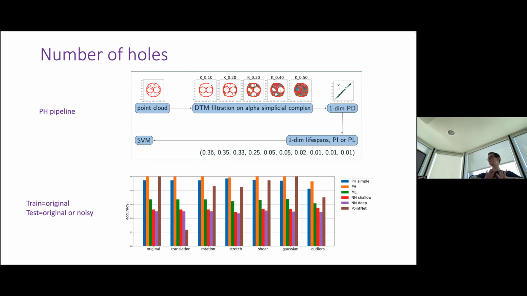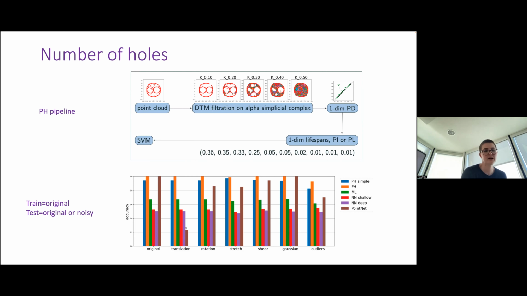It has been built to be, for example, invariant to rotations, translations, and so on. The other ones here are simpler: the ML is simply SVM applied directly to the distance matrices, and these are just some feed-forward networks. So I think the most interesting pipeline to compare persistent homology to is PointNet.